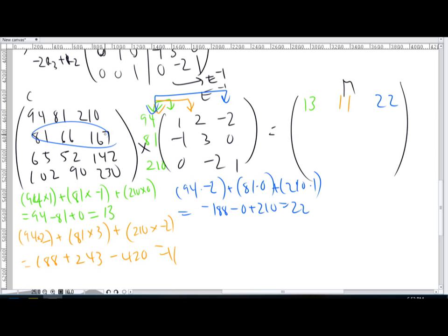Okay, 22. And then we do the same thing. We flip over row 2, multiply it by column 1, column 2, column 3. We do the same thing with row 3 and row 4. And if we do that, we get 15, 26, 5, 13, 2, 12, 12, 14, 26.